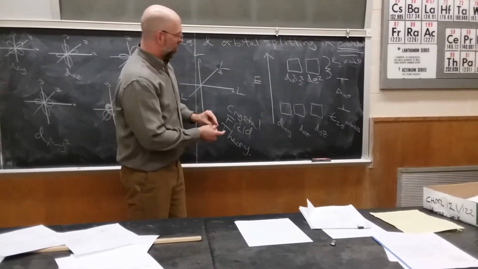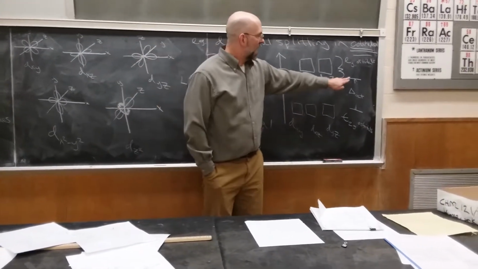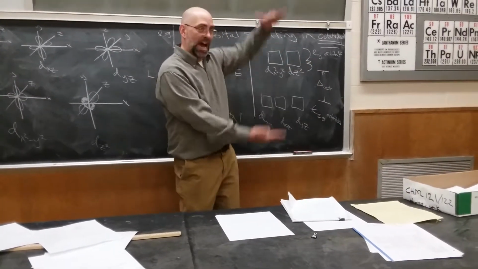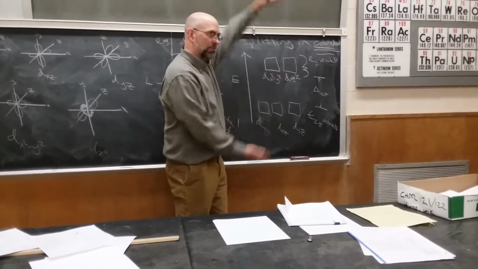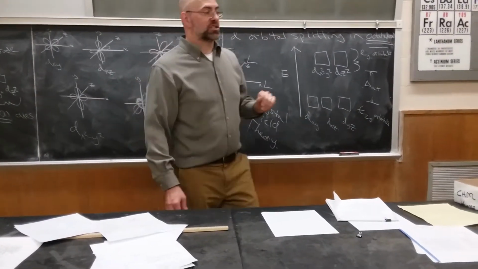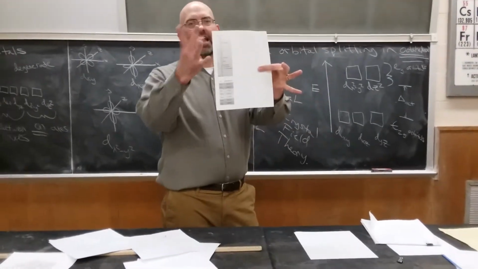And now, the other thing, which I'm not going to go into here because the video is getting too long, is how big this energy gap is. Is it a small gap? Is it a big gap? It all depends on what these ligands are. And just to let you know, how do you know that? On the back of this table, which I'll mention in class, okay?